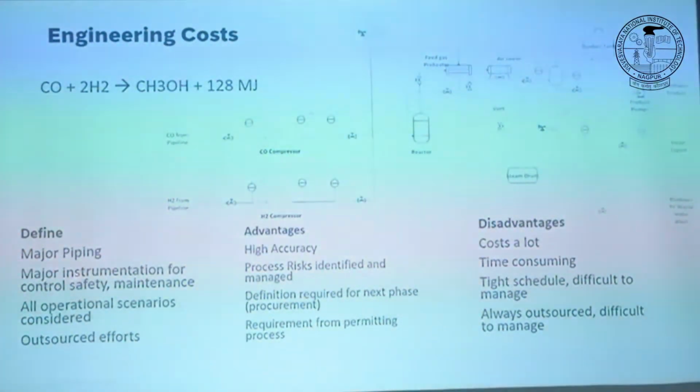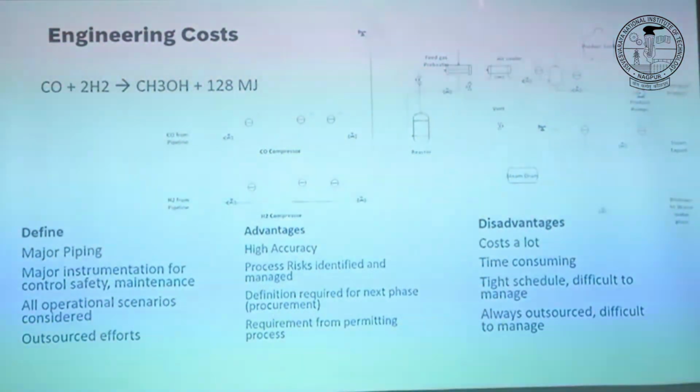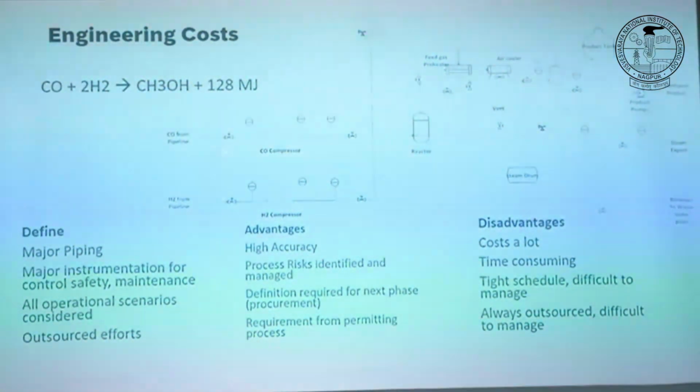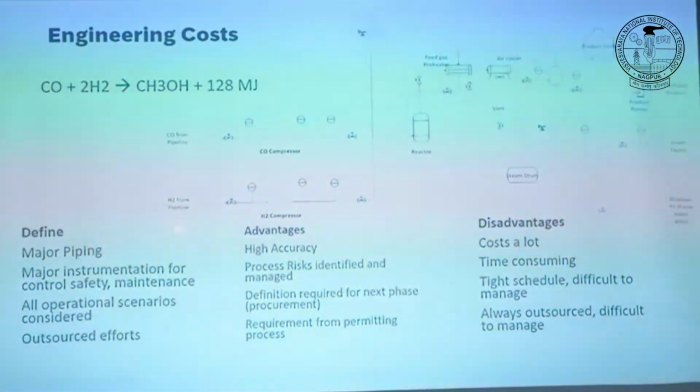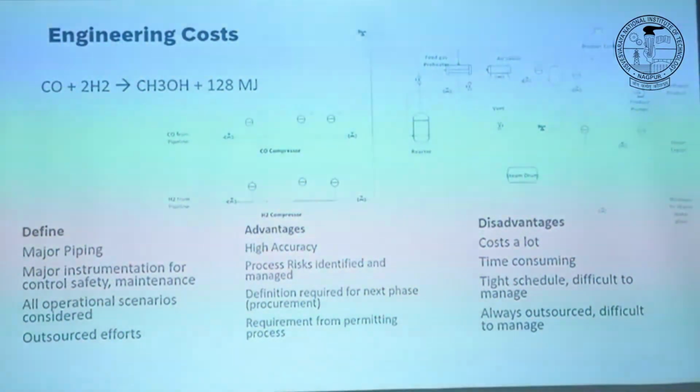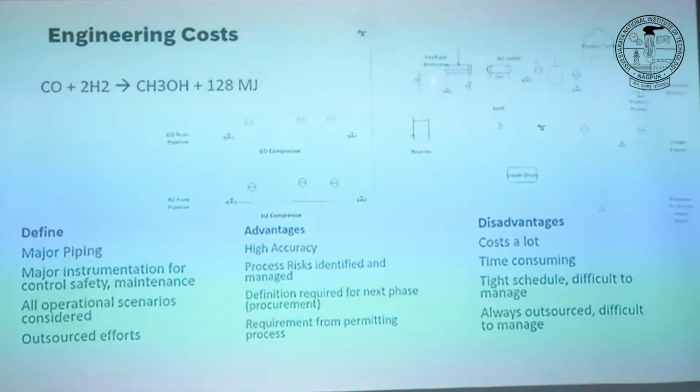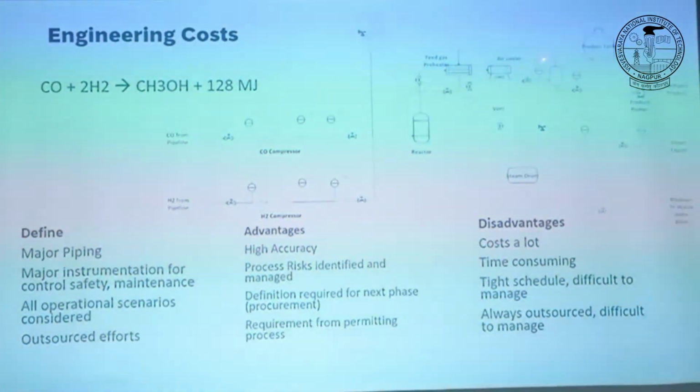Okay, so once we move from only this on our piece of paper to this much detail, you could already see hundreds of elements added: all the pipes, all the valves, the pressure sensor, temperature sensor, all the instrumentation, all the equipment, everything is added. So at this level, you already define major piping. You know it's 1,000 tons or 42 tons per hour of methanol flowing in this pipe.